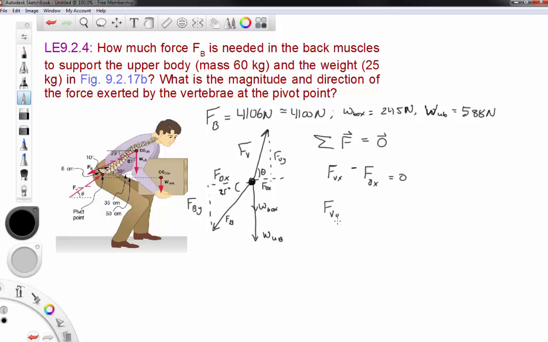And similarly for the y direction, FVy minus FBy minus weight of box minus weight from the upper back must be zero. So what we need to do is solve for the x and y terms of this and then use the Pythagorean theorem to get the total vertebrae force, and use tangent of theta equals Fvy over Fvx.